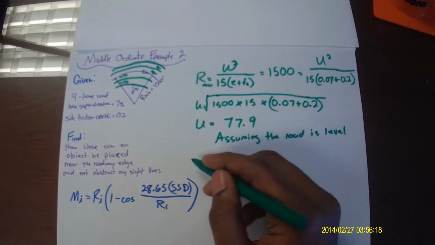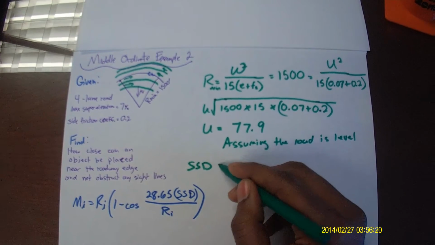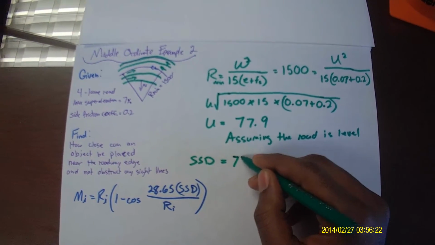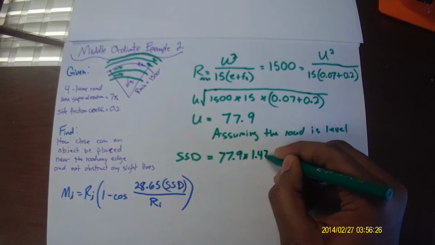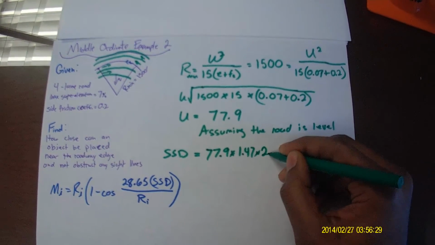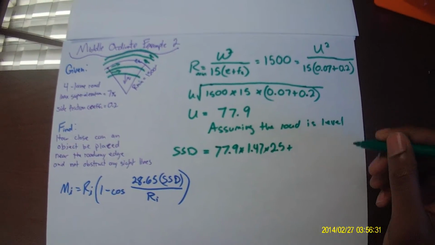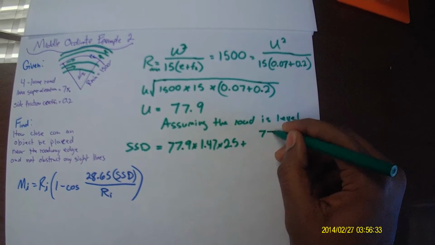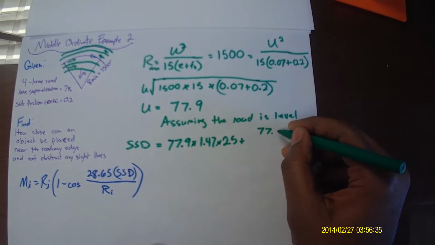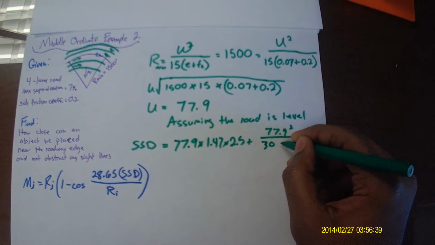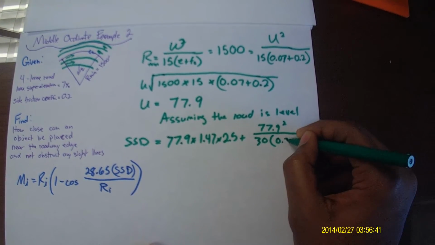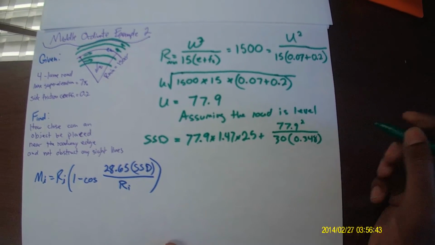the stopping sight distance will be as follows: 77.9 times 1.47 times 2.5, which is what we assume for design. Then we have our braking distance, which is 77.9 squared, divided by 30 times 0.348.